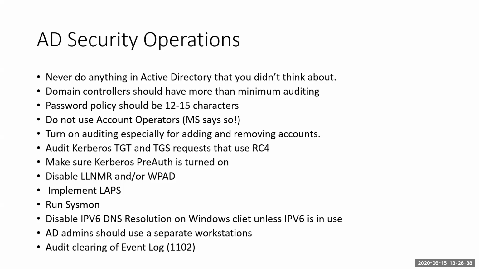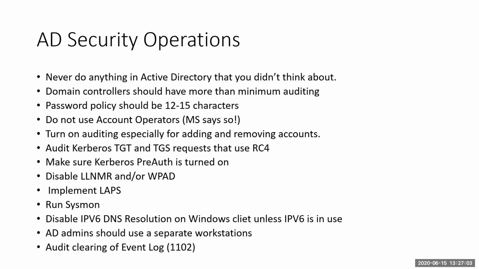Out of the box, it's pretty limited. Password policy should be at least 12 to 15 characters. Anything less than that will get you into trouble with cracking. 8 character passwords aren't even secure, regardless of the complexity anymore. Any 8 character Windows password can be cracked within 2 or 3 days, no matter how complex it is.